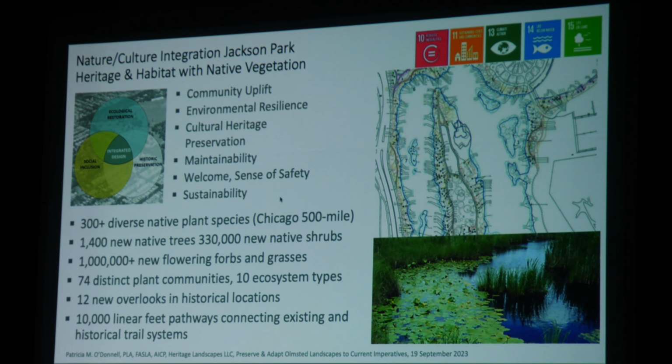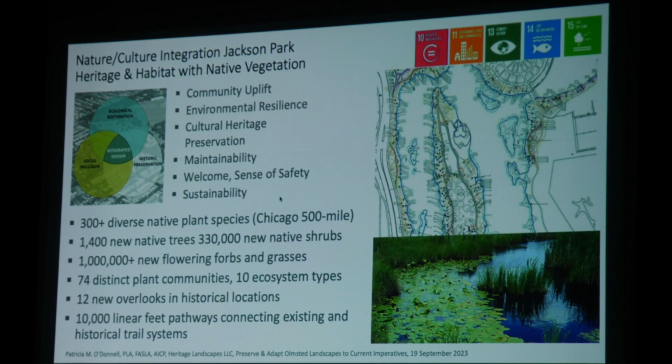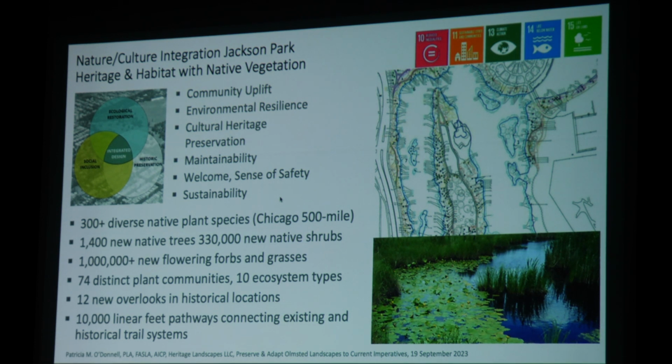What we were able to do was gain an approved plan, work with over 300 diverse native species, plant over 1 million new flowering forbs and grasses in 74 distinct plant communities and 10 ecosystem types, to create a circulation system that would recapture 12 overlooks, and to build 10,000 linear feet of pathways that we called haul roads and used for the actual construction work, mimicking the historic trail system that was lost.